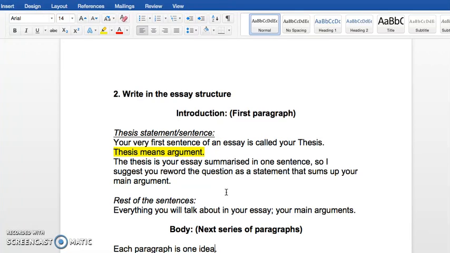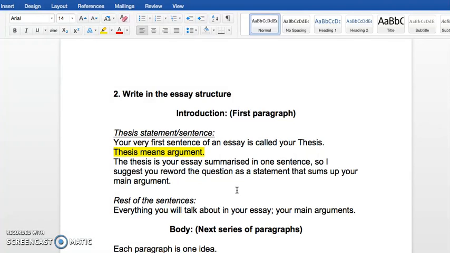Okay, what you would do is you would change that into one sentence that summarizes your main argument. So you would say, Shakespeare presents predestination as the main reason behind Macbeth's tragedy. Okay, so in that one sentence, you know that I'm going to argue that it wasn't Macbeth's will to do everything.